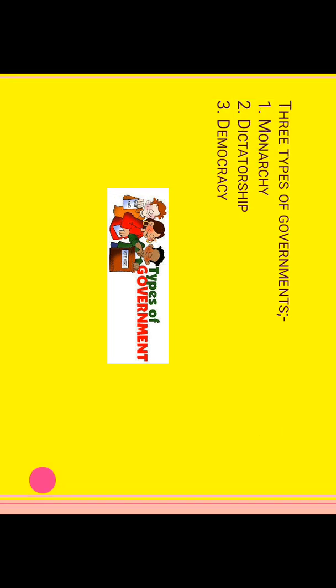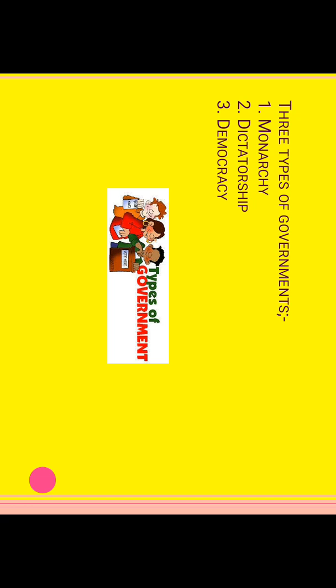Now we have types of government. There are 3 types of government. First is monarchy, second dictatorship, and third is democracy.